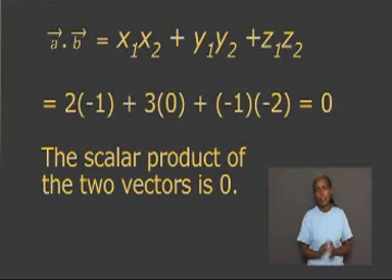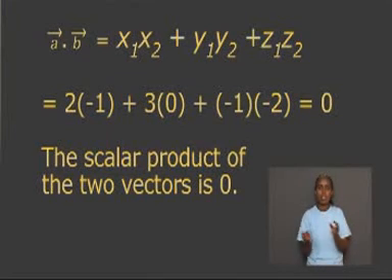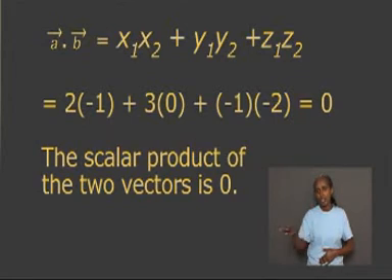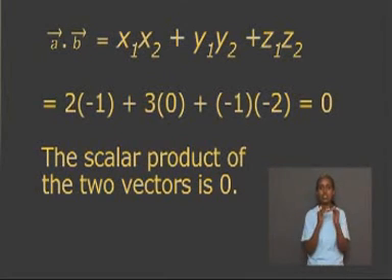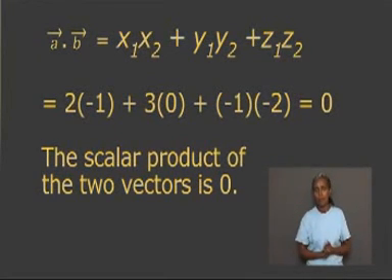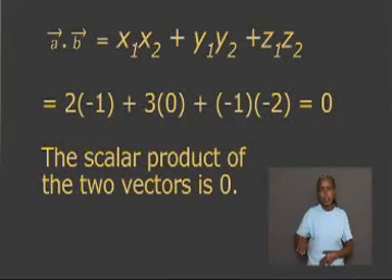The sum is 0. We must multiply that sum by the cosine of the angle between the two vectors. But since the angle is 90 degrees, the cosine is equal to 0, and we are left with the same result. It is time for another activity, students.